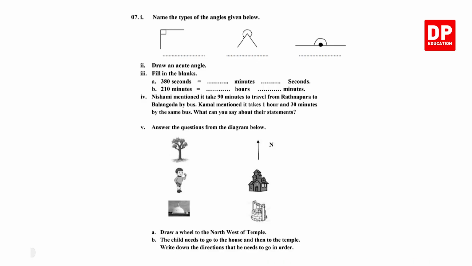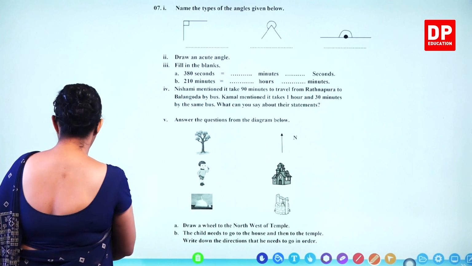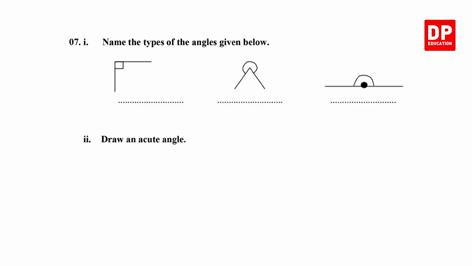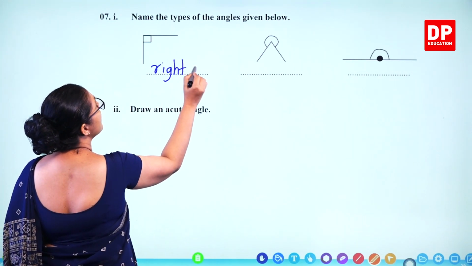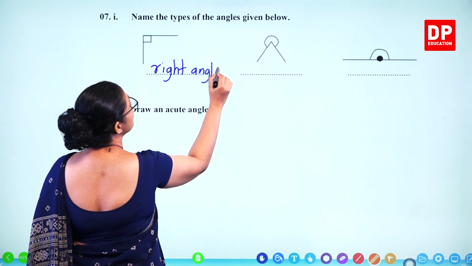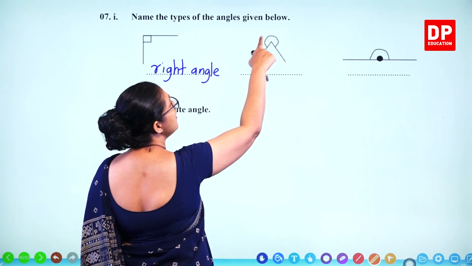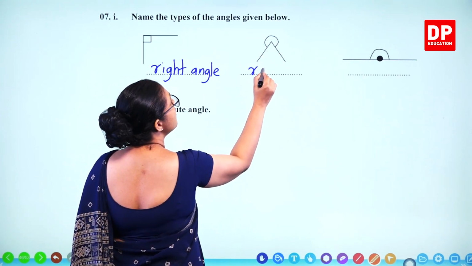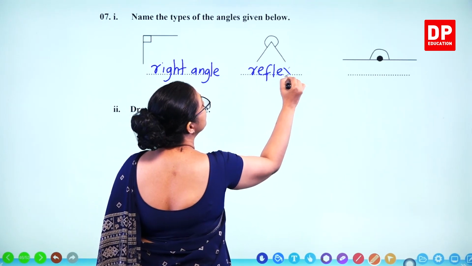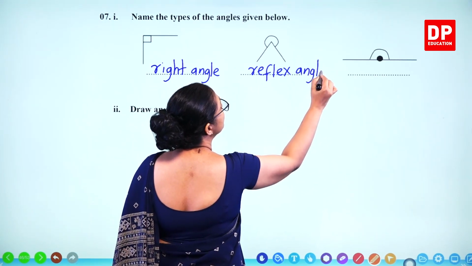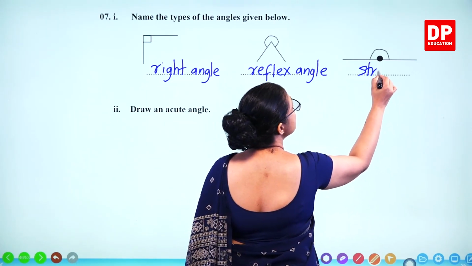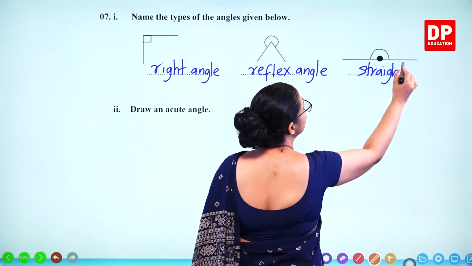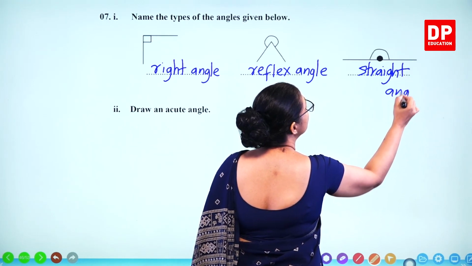And the last question, question number 7. Name the 2 types of angles given below. So you can give the name. So this is right angle. What about this one? That's more than 180. Reflex angle. This is straight angle, 180 degrees.